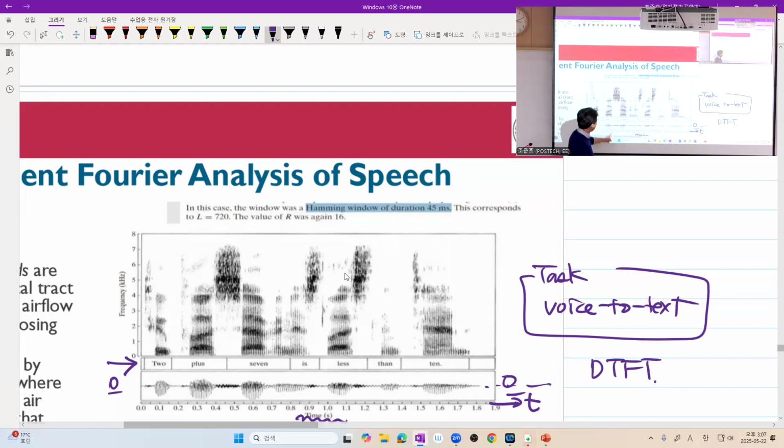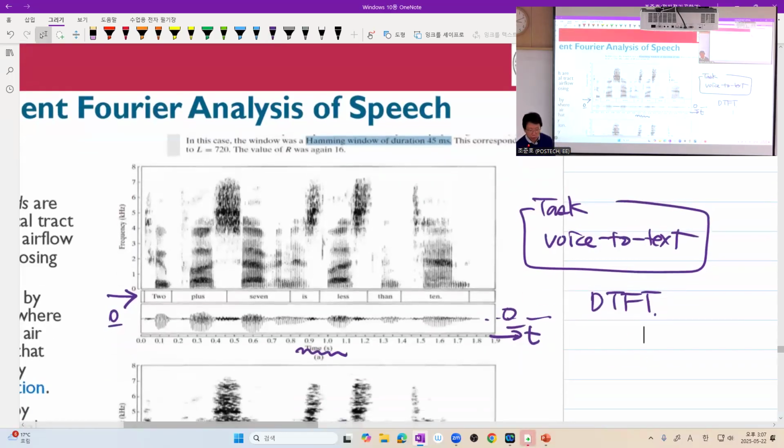They wanted to find out these characters. So the first thing actually was working in the time domain to find out how to segment, how to divide these vectors into sub-vectors.